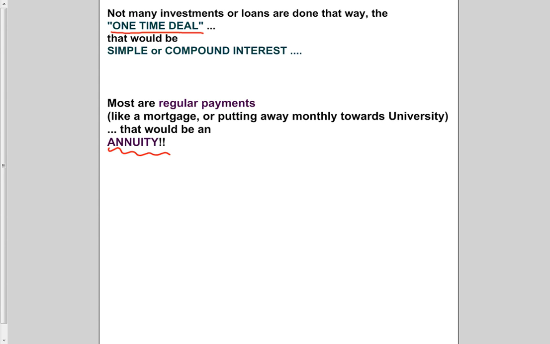Those scenarios would be simple or compound interest. When there are regular payments, monthly, where you're investing regularly or paying off a loan regularly, we call that an annuity, and it is much more common.